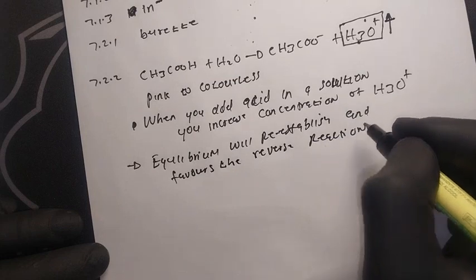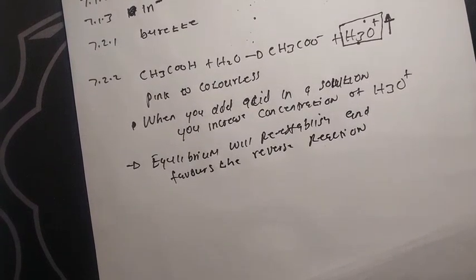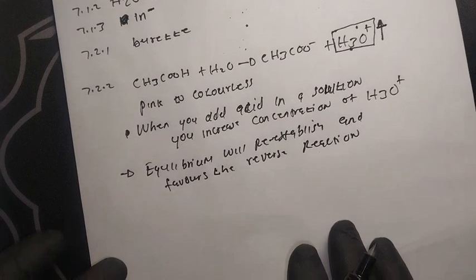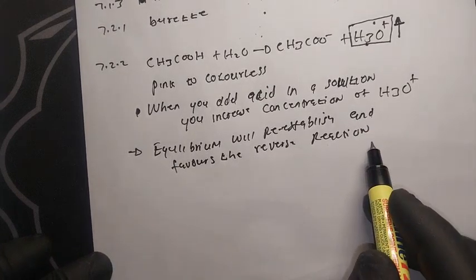Same thing. In another way, you need to know this general note: when you add the acid, you increase the concentration of hydronium ion, but when you add the base, you decrease the concentration of hydrogen ion. So I hope it's making clear. Now the equilibrium will re-establish and favor the reverse reaction.